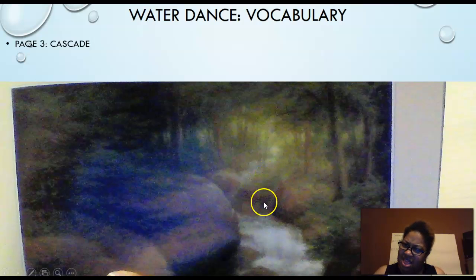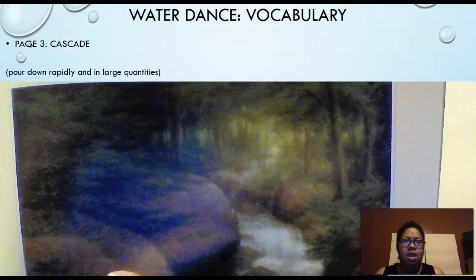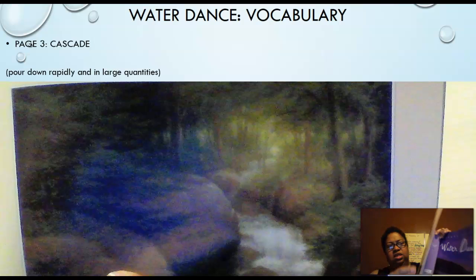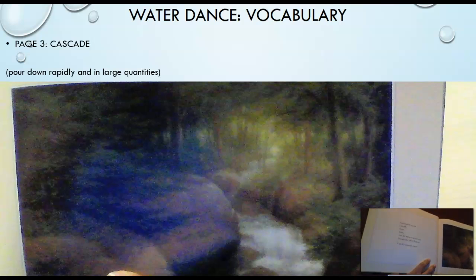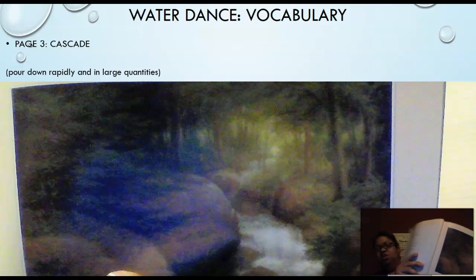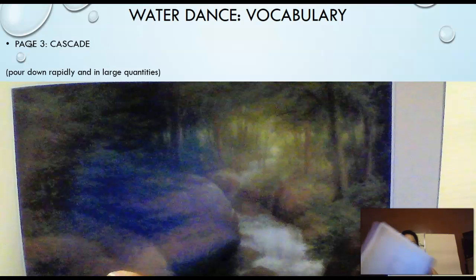So I think the word cascade means to pour down kind of rapidly and in large quantities. Okay, and I gather that just from looking at the source that we have in front of us, which of course is the picture next to the text that we just read. Right?